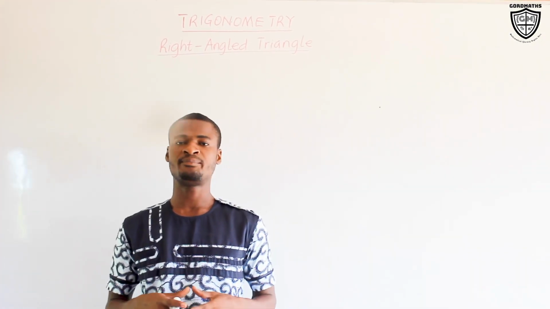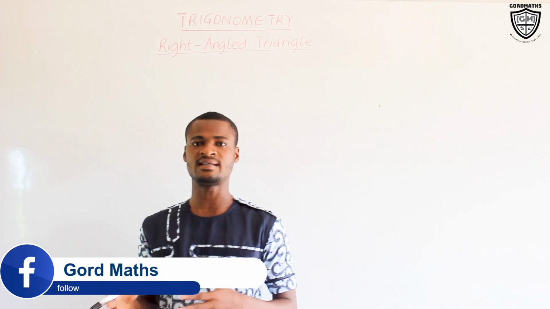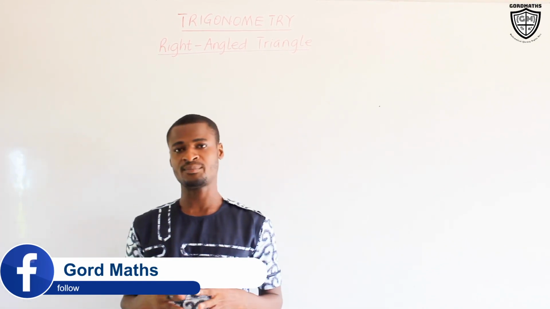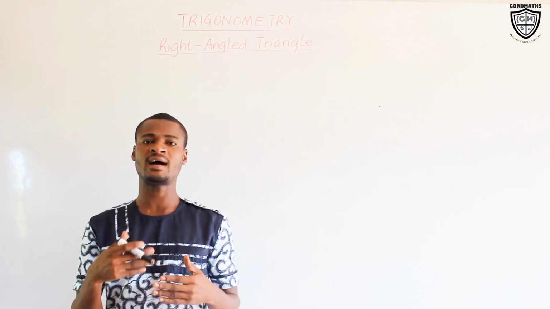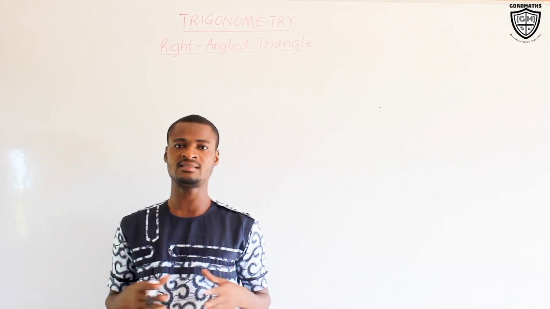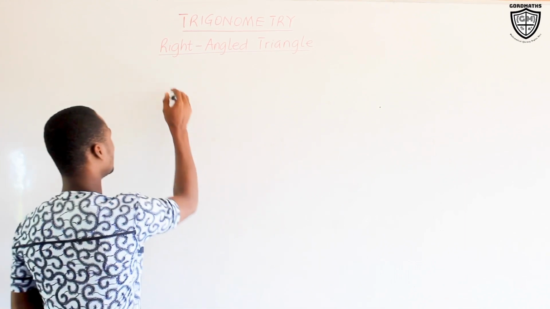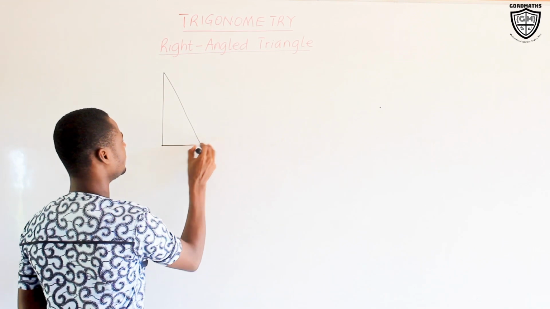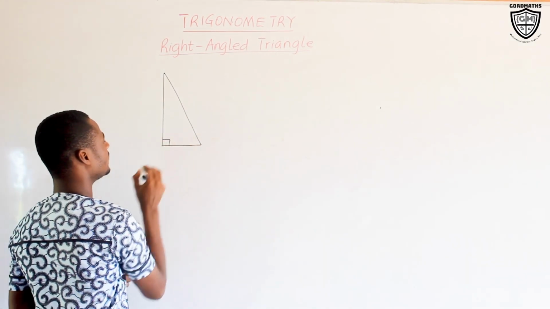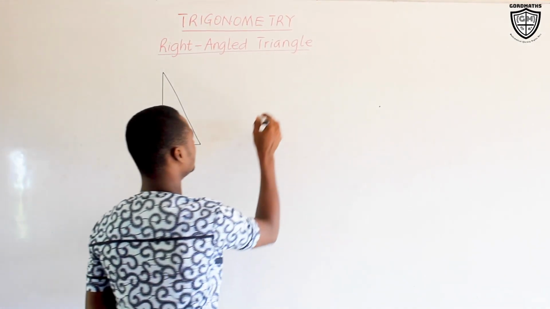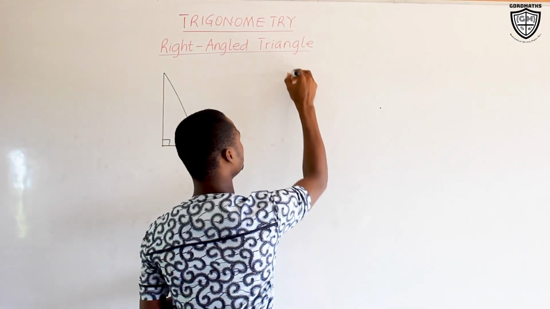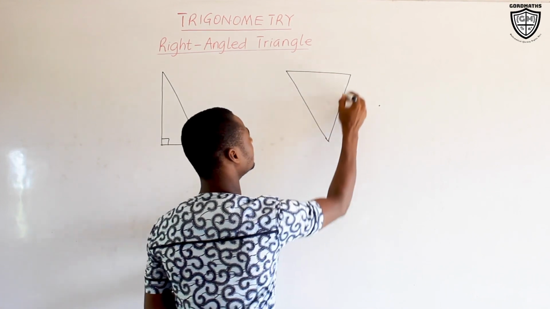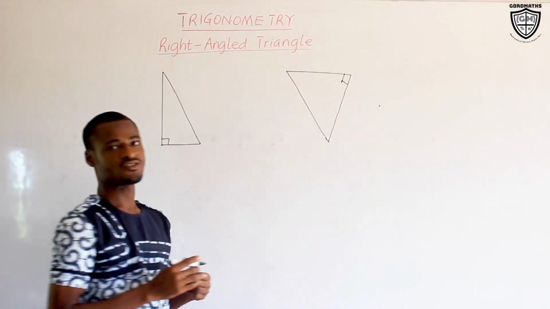A triangle is a plane figure which has three sides and three angles. A right-angled triangle is a special type of triangle where one of the angles inside that triangle is 90 degrees. And so, if we have any three-sided figure where one of the angles inside the triangle is a right angle or is equal to 90 degrees, then we say that that triangle is a right-angled triangle.